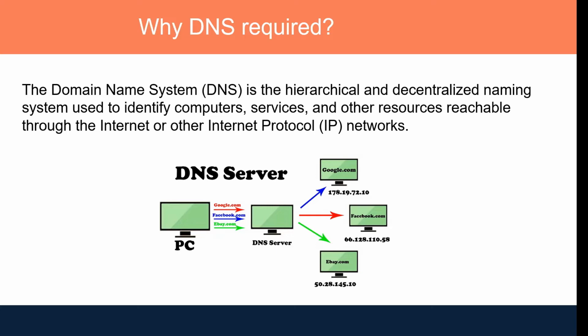If you want to access google.com, behind google.com there would be an IP, or behind Facebook there would be an IP. Names we are able to easily remember, but not the IP. So there is a DNS server in the middle which resolves domain names into IPs. That's the use of DNS.